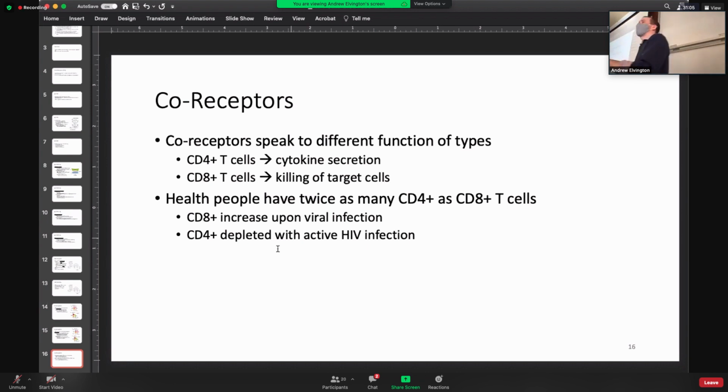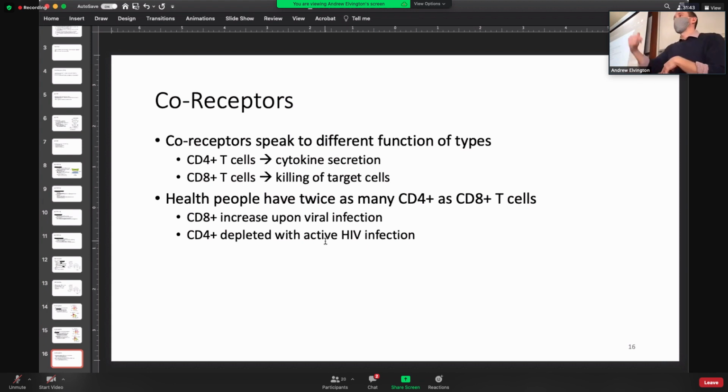What's cool is that if you are healthy, we say healthy somewhat surreptitiously, if you don't have an active pathological viral infection, or bacterial, I guess, you will have twice as many CD4s as CD8s, which actually works in your benefit because the CD8s are the ones that can cause cell damage much more quickly because they go in and destroy it. But if you get an active viral infection, your CD8 positive T cells will go up because you have a viral response. We need to destroy the infected host cells. Let's get more of the cells that do that.